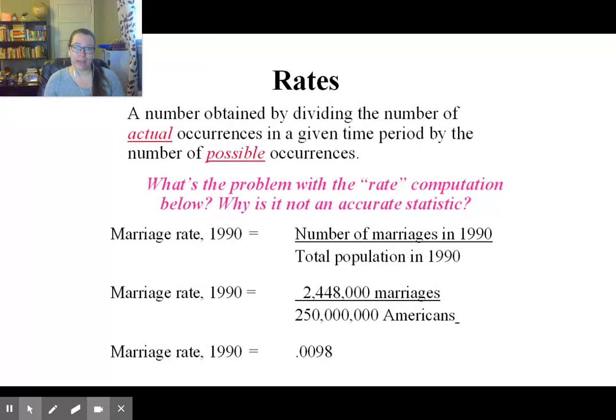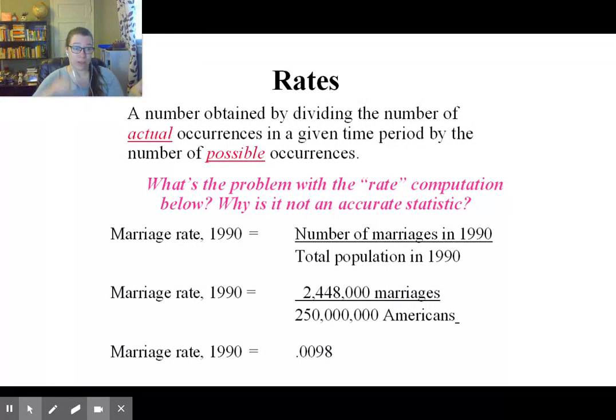When we are doing data analysis, we will often use anything other than a rate, because a rate is not the same thing as our proportions and our percentages. Here we're estimating. We don't know exactly how many people in America actually got married.